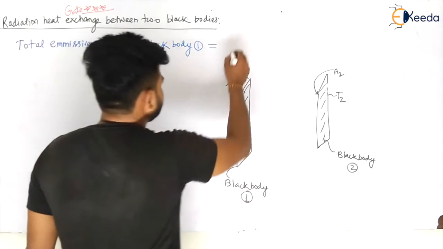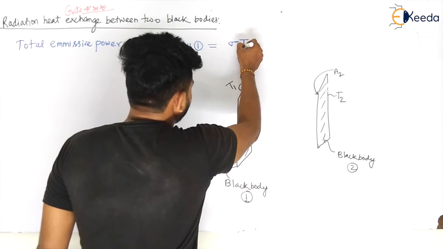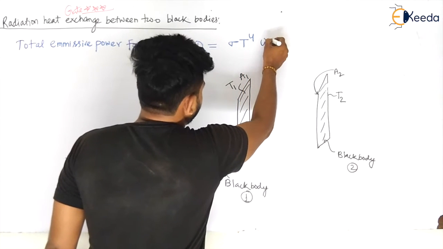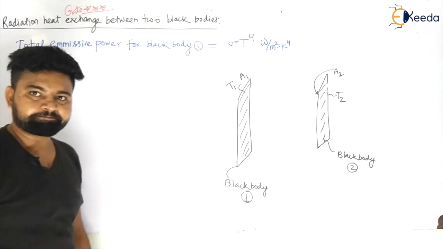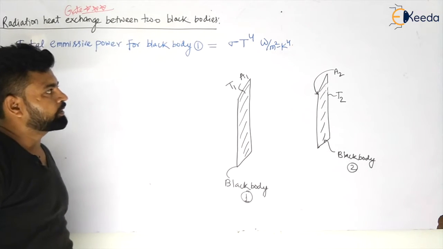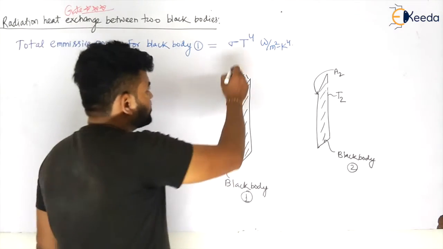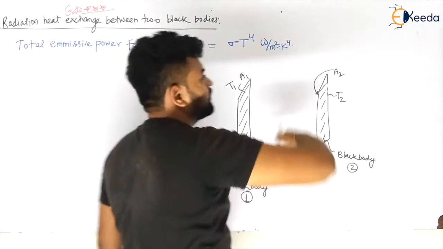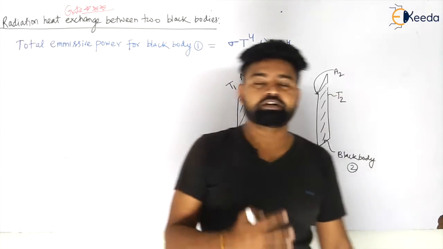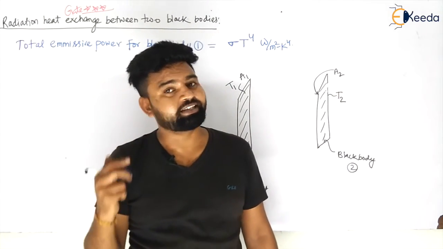It is given by sigma T to the power 4, watt per meter square Kelvin to the power 4, my dear students. Yes or no? Now this is per unit area, and this is coming from where? This is coming when you are summing this over all the wavelengths, then you are getting this.